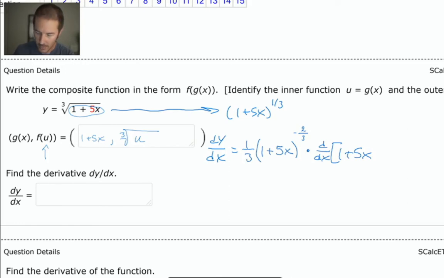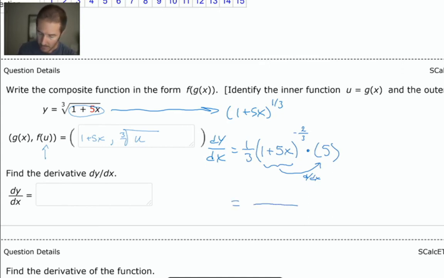I'm not going to do it this way. I'm going to leave it as times 5, and then maybe I'll put a little bracket under here and say d over dx. I took the derivative of this stuff to get the 5. And then on the next line, let's clean it up.